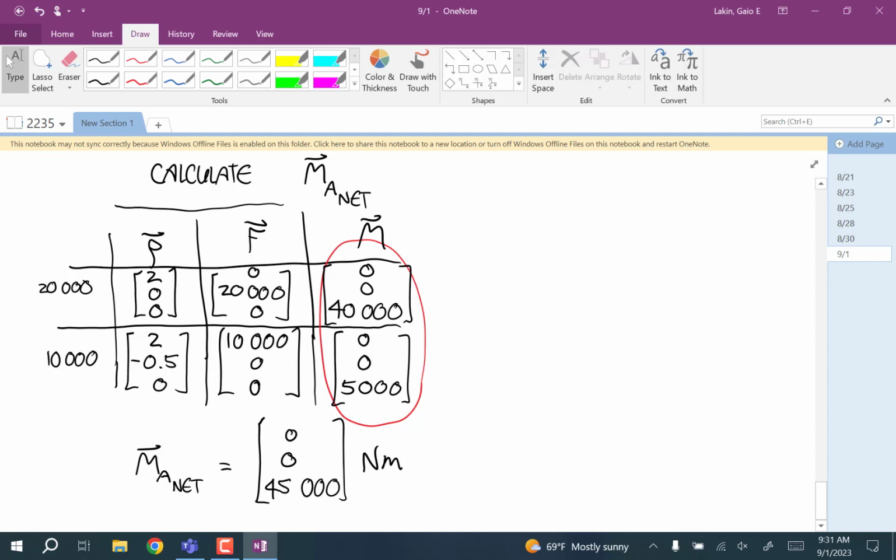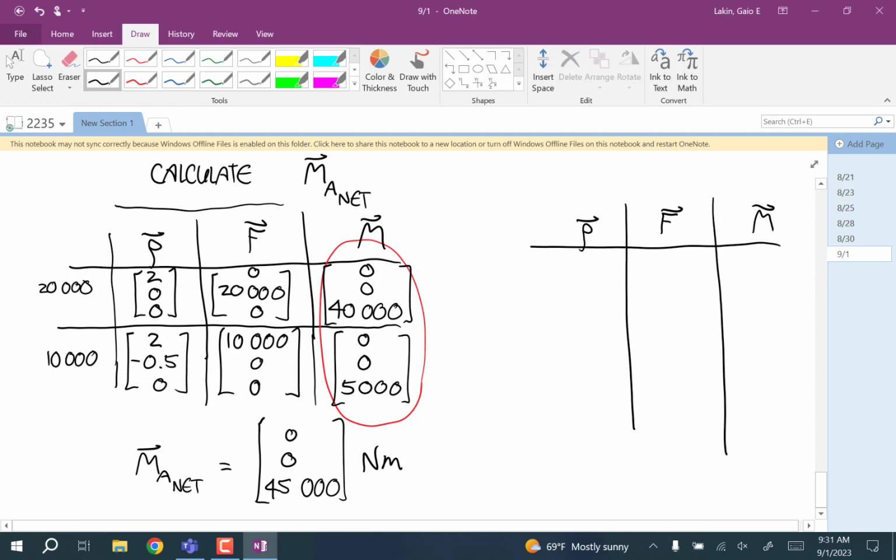It's always a vector that's parallel to the z-axis. But to save pen strokes, you could always write this like this, and it conveys the same information. You just need to remember that you're talking about moment vectors.